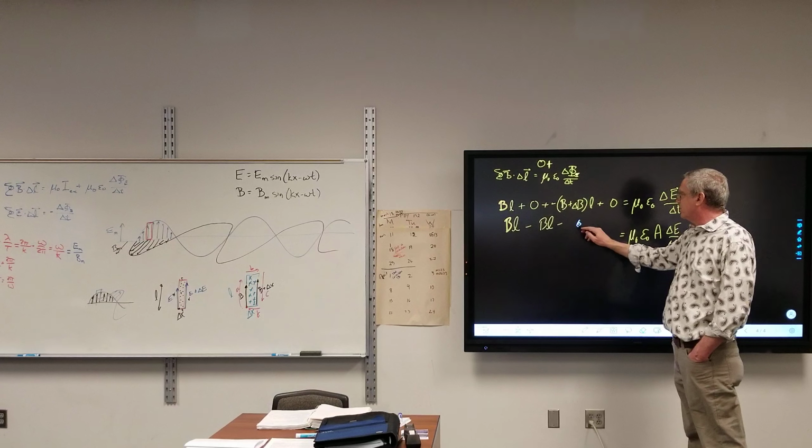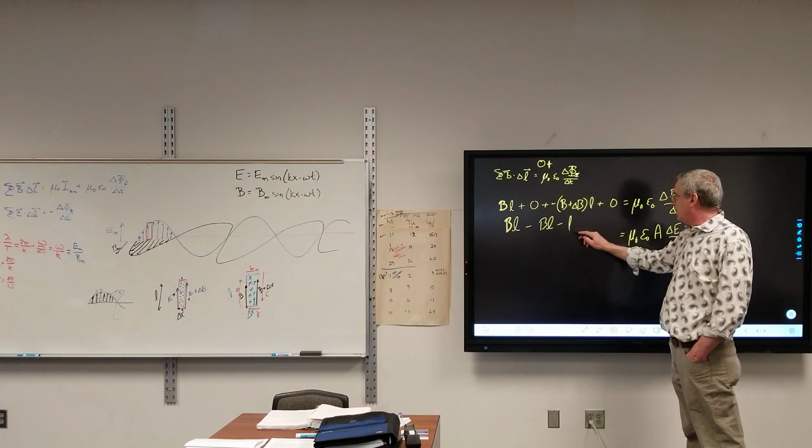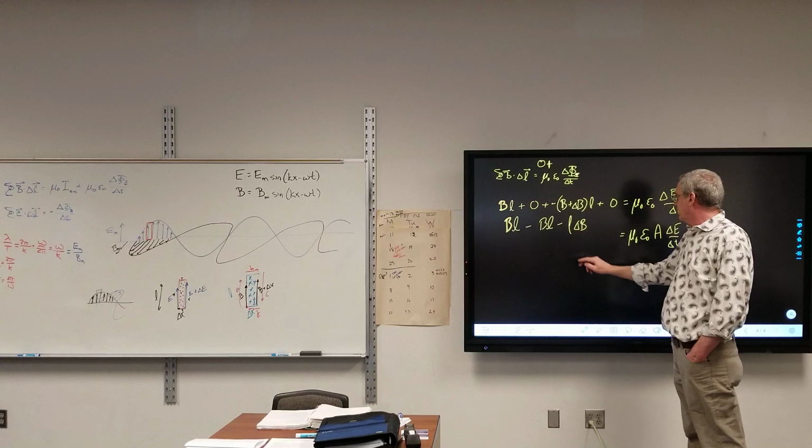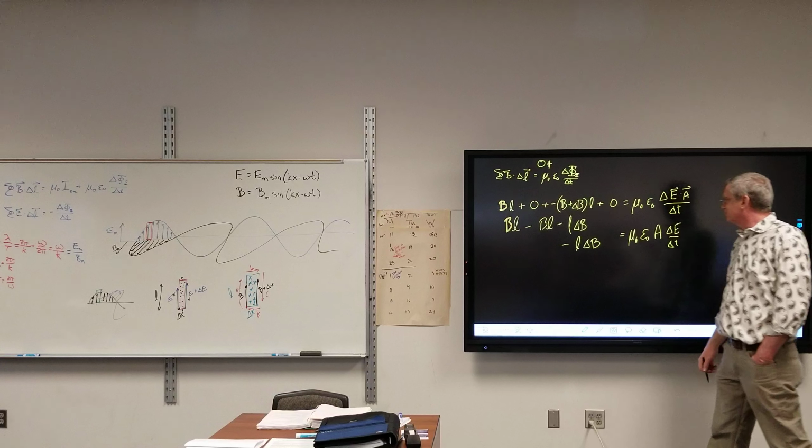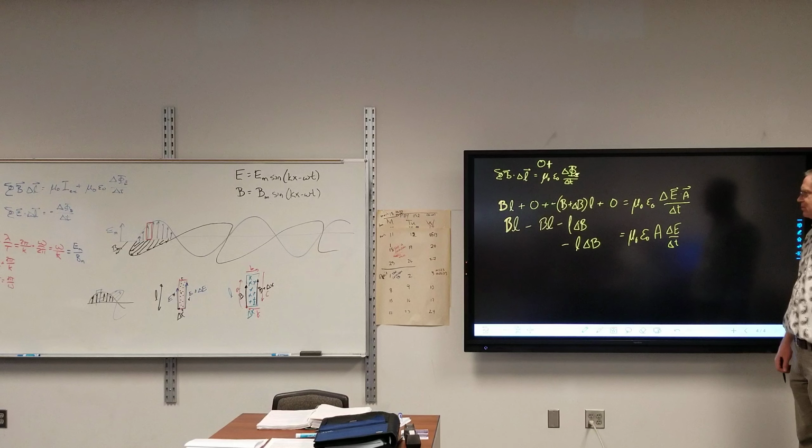Minus L delta B. So I have negative L delta B. Yeah, this is the best we started. That's so much better. And you're old, so. I know. It's only gonna get worse.